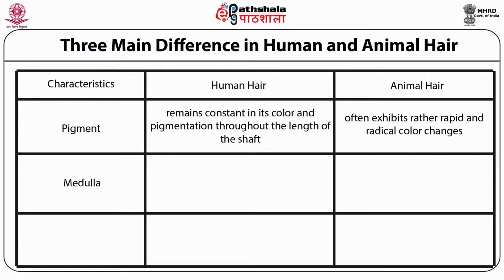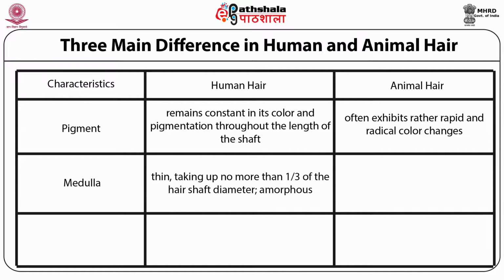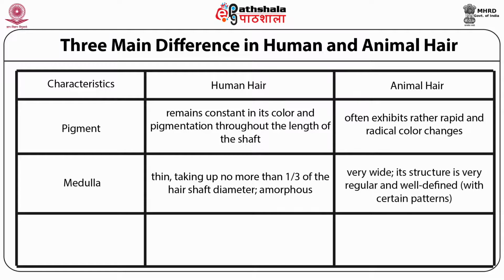Medulla in human hair is thin, taking up no more than one third of the hair shaft diameter, and this medulla is also amorphous in structure. When we talk about the medulla of animal hair, it is very wide and its structure is very regular and well defined with certain patterns.